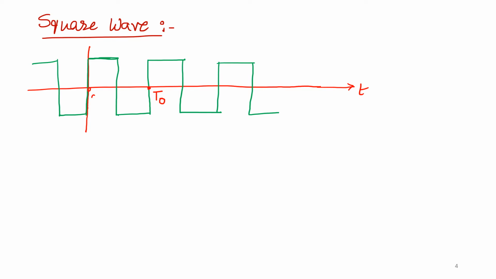This is your 0 starting point. This is your 2 t naught. And the height we'll consider is 1, and this is -1.